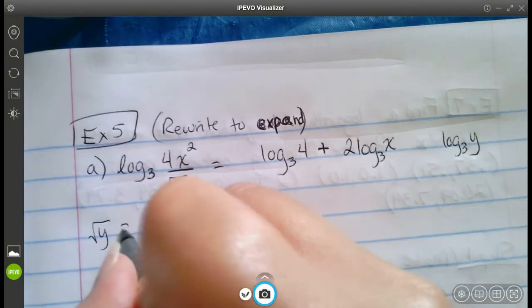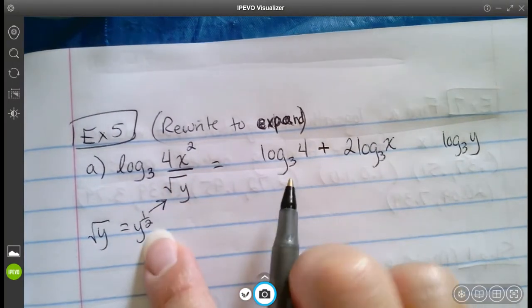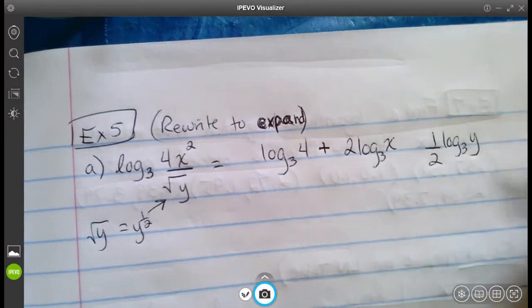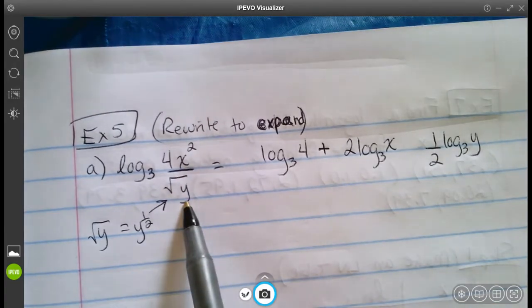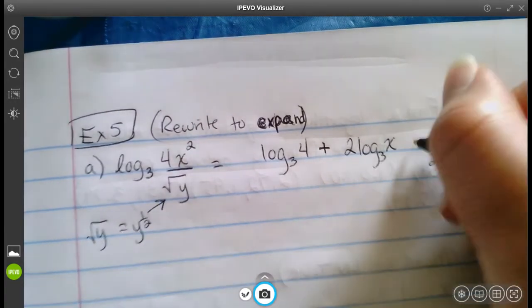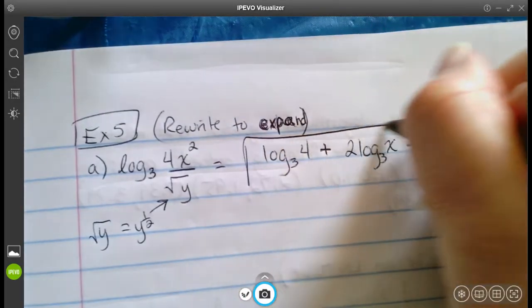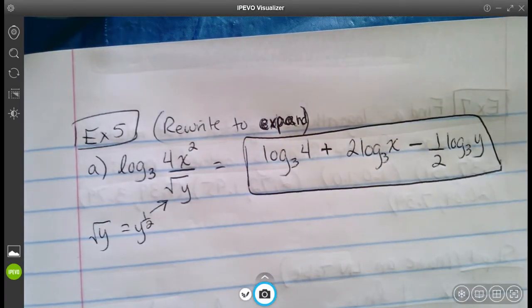Square root of y is the same as y to the 1/2 power. So that means I'm going to have a power of 1/2, which is going to get moved to the front. Okay? From x to y, you have a division, which means subtraction. And that's it. This is my expanded form for this problem here.